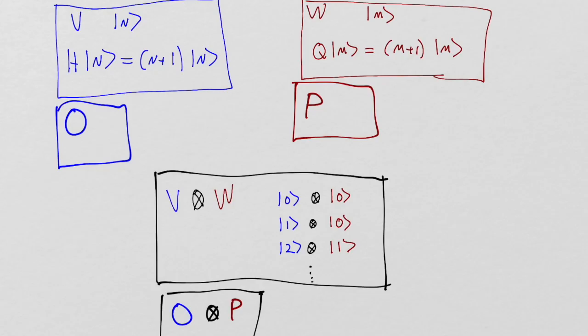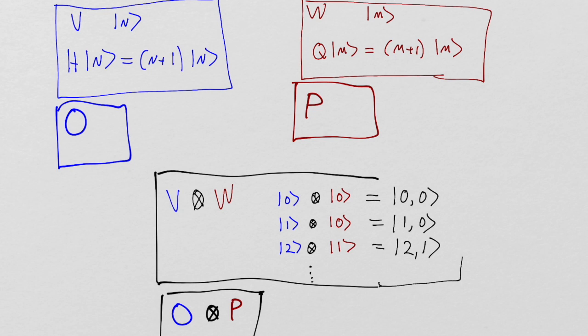So our next step is to develop a shorthand. We're now going to create a shorthand notation for these basis vectors. Instead of writing 0 tensor product 0, we're just going to go 0, 0. And instead of writing 1 tensor product 0, we're just going to write 1, 0. We're going to squeeze them all into a single ket, right?